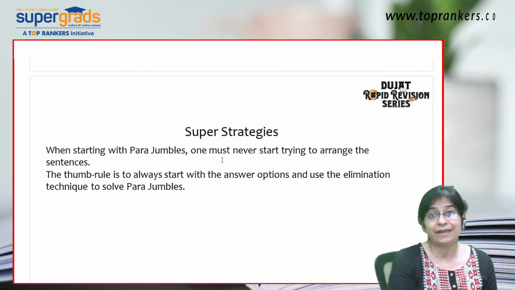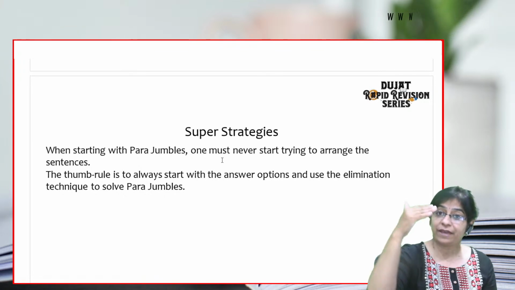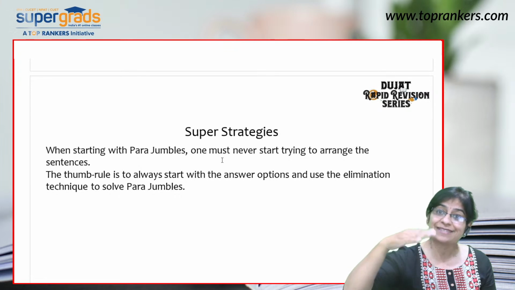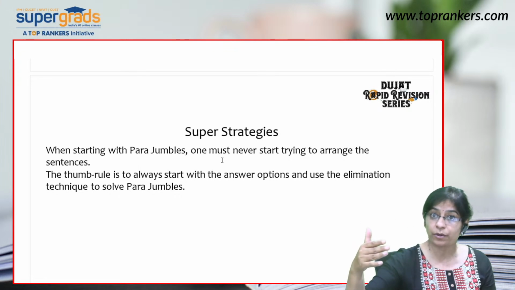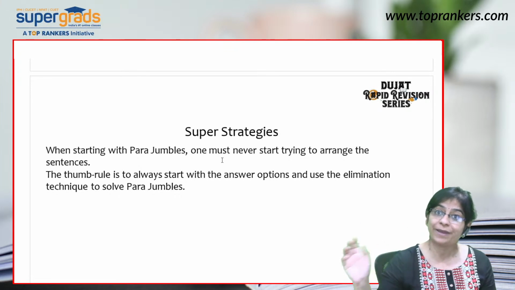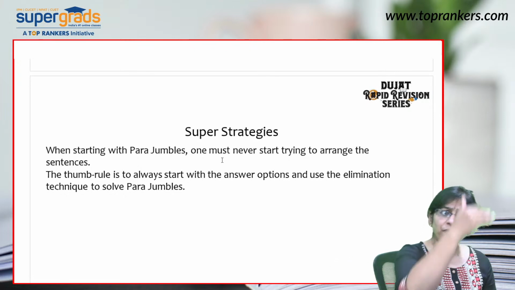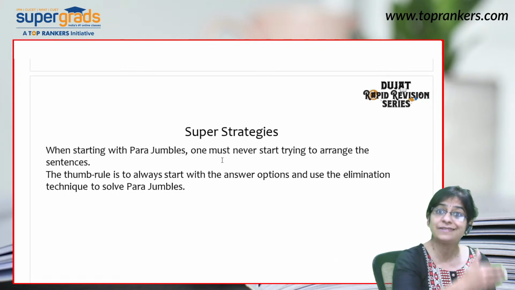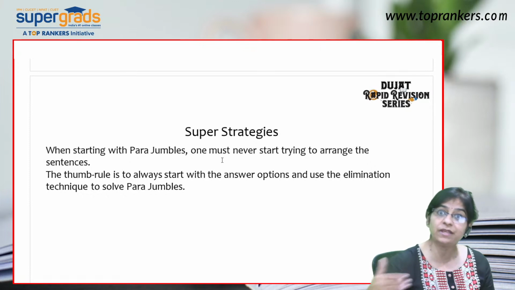Now, the first one is that when you are given 4 to 5 sentences to arrange in some order, there will be MCQ based options. So instead of trying to put the sentences in order, start with the answer choices.